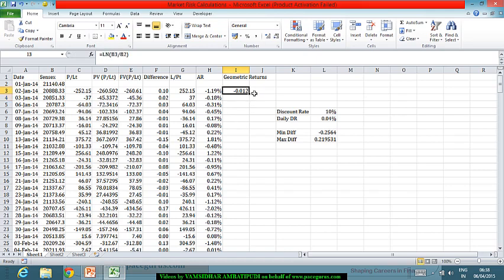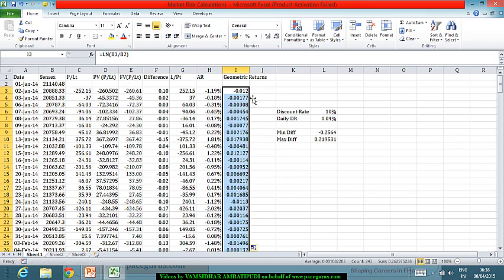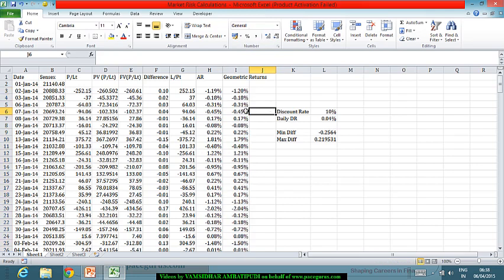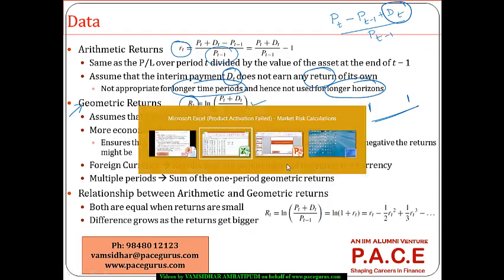So this works out, and this number is coming out as the logarithm. What you could see is that very rarely is there a big difference between them. Almost all these days the differences are more or less similar, except for one or a few days, where the percentage difference between the two is very minute.